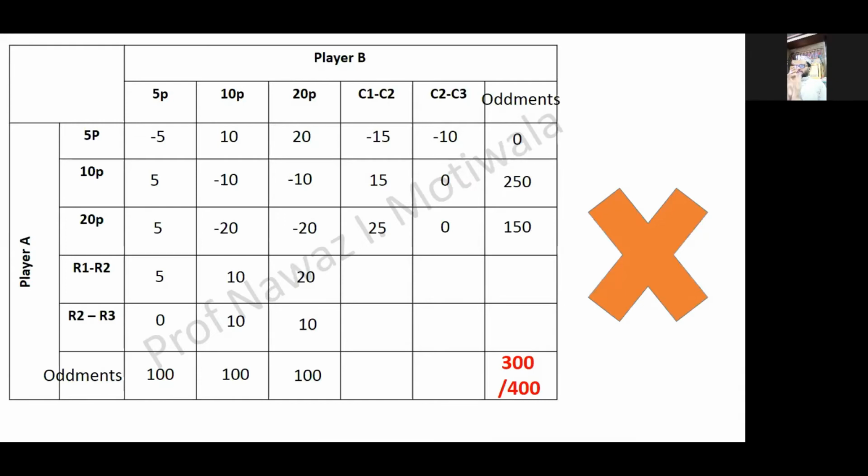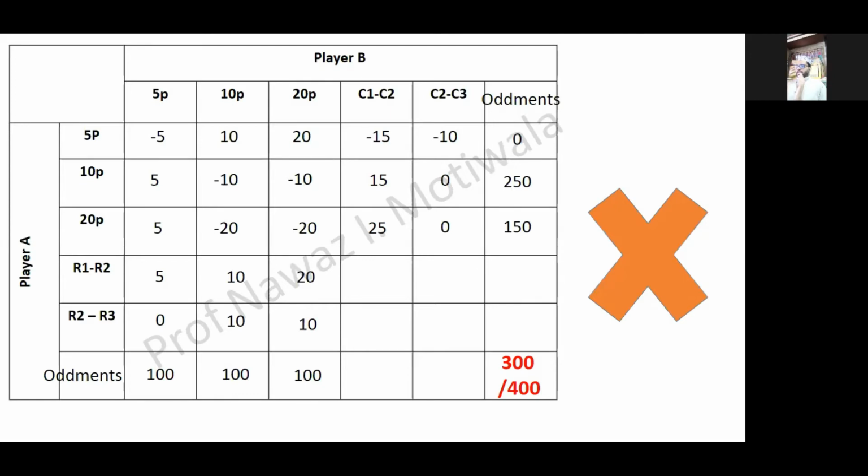Hence, please listen to this rule. The rule of augment says when the row augments are not equal to the column augments, the solution is not optimum. It means that player A or player B had not used their strategies to the optimum values. If the column-wise value and row-wise value come out to be equal, then we can say that A and B have used their optimum strategies at optimum time.